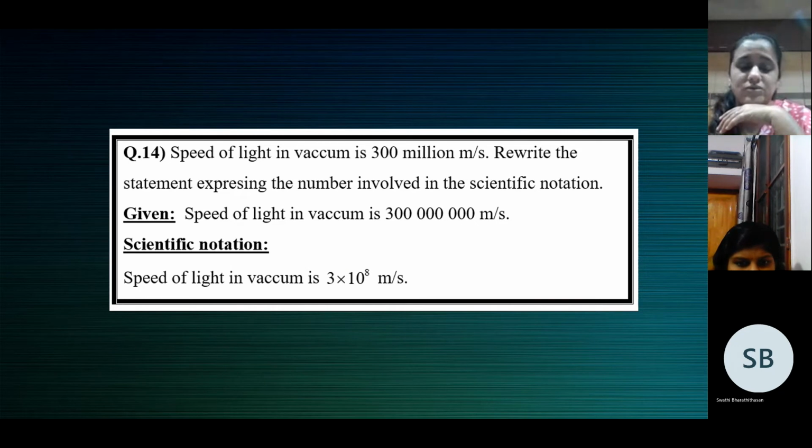Rewrite the statement. So speed of light in vacuum is 3 into 10 to the power 8 meter per second.